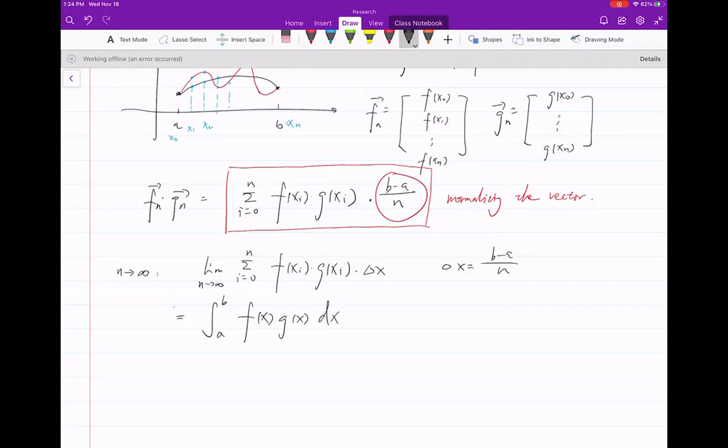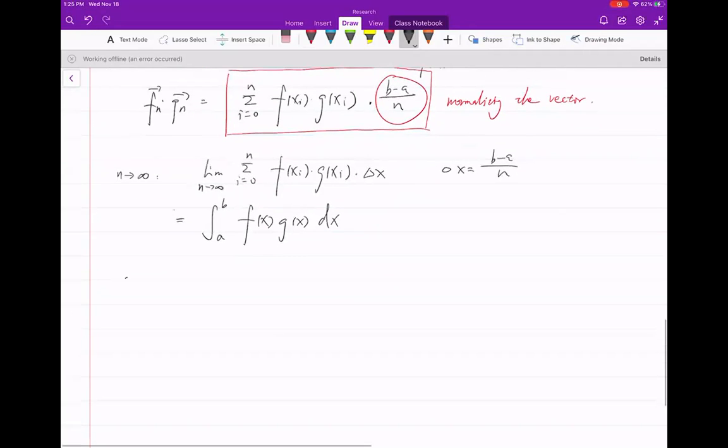Now remember, you have infinite dimension because now you don't have a vector. This vector has all the values between a and b. It's infinite, but we can define this to be a new dot product, <f, g>, which is defined to be this. Moreover, we want to put a bar here because we want to consider complex numbers.